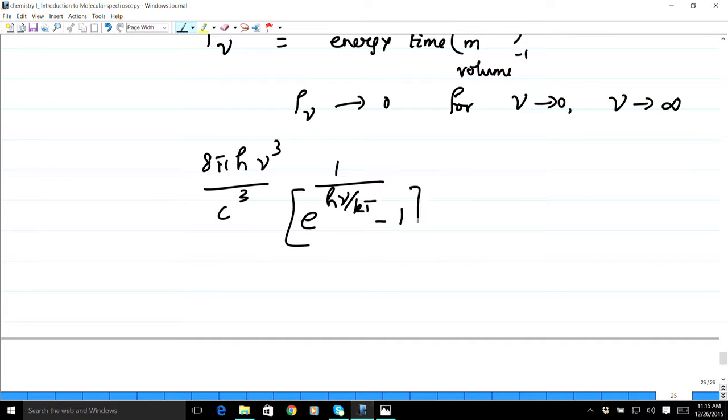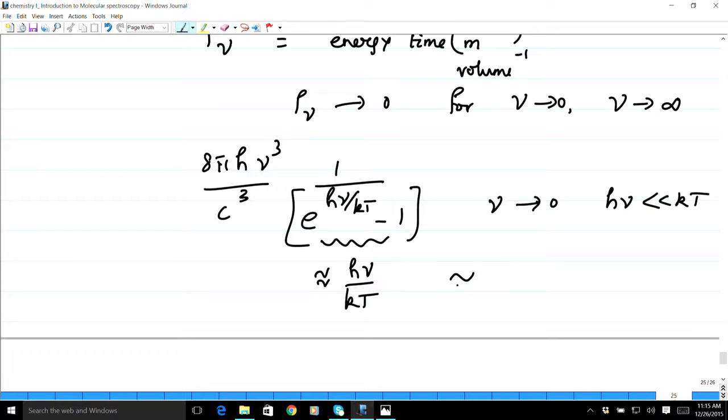Please remember, this factor, when nu is very small, h nu is much less than kT for any T, and therefore this is approximately h nu by kT, because it is an exponential of x, so it is 1 plus x, etc. And this nu of course cancels with that, and so the formula for rho nu is 8 pi nu square kT by c cube, which goes to 0 as nu goes to 0.